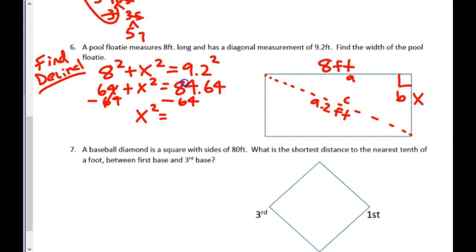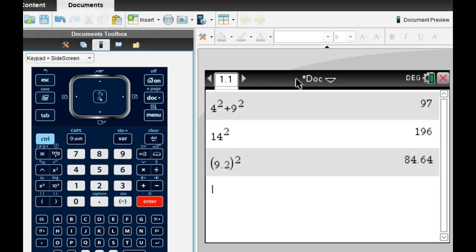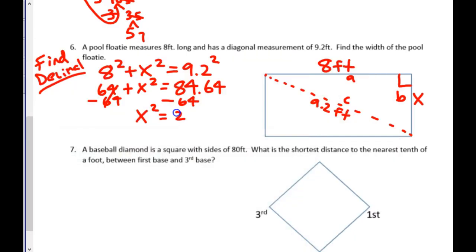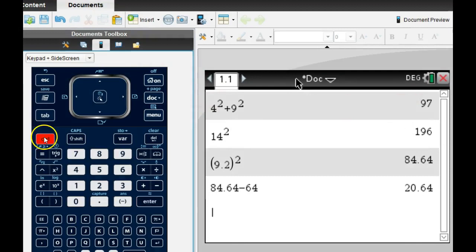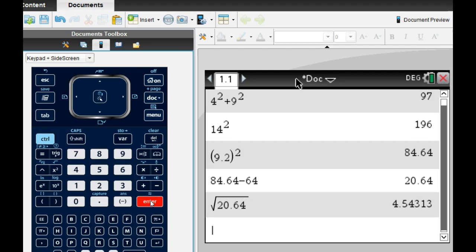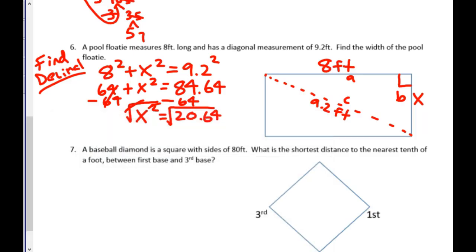X squared equals 20.64. And then to get rid of the square, square root. Now, we're going to find the decimal answer, so the square root of 20.64, because we can't factor tree a decimal, so that's 4.54. And our units are feet.